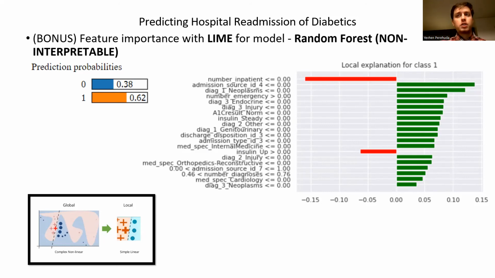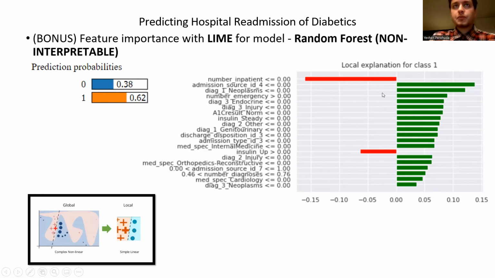For example, we took just one random instance, which was predicted as being readmitted. So we can see the probability for 0, namely not being readmitted, and 1. And we see that for 1, the probability is higher.